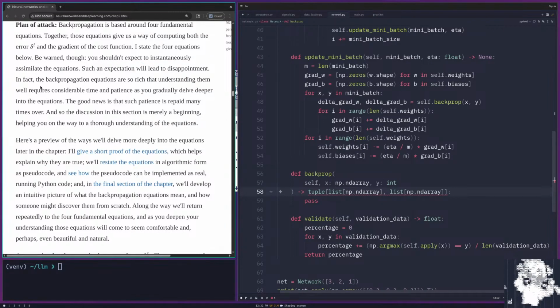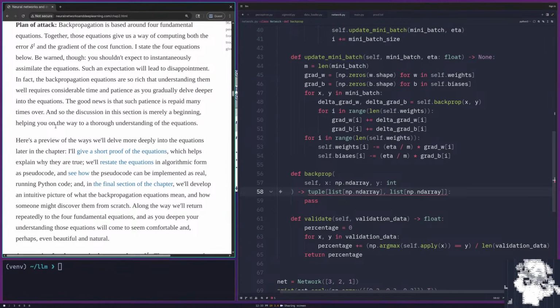In fact, the backpropagation equations are so rich that understanding them well requires considerable time and patience as you gradually delve deeper into the equations. The good news is that such patience is repaid many times over, and so the discussion in this section is merely a beginning, helping you on the way to a thorough understanding of the equations.